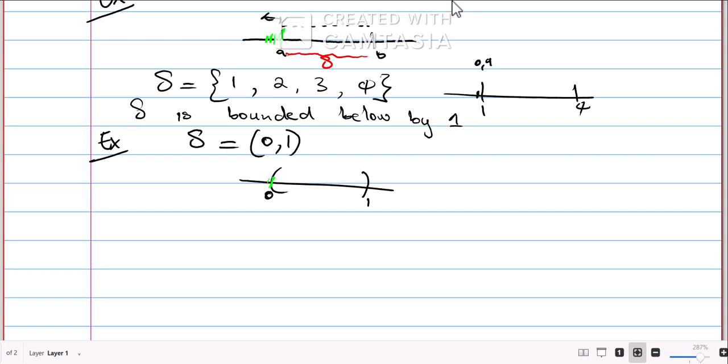We're having negatives here. So S is bounded below by what? By 0. So we say S is bounded below by 0.